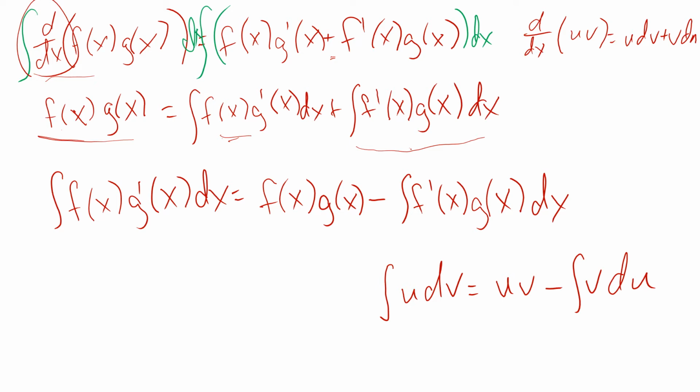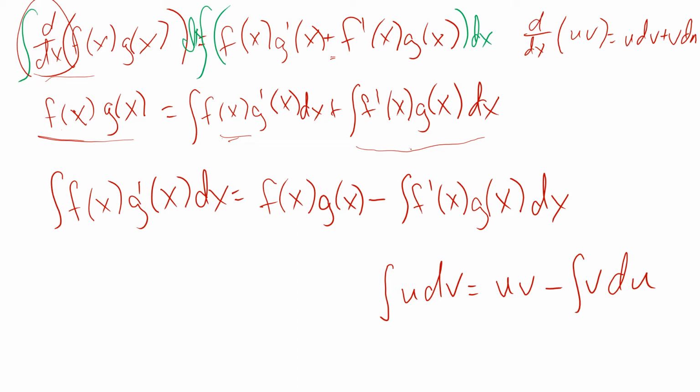The trick to integration by parts is your selection of u and dv. U should be something that when you take the derivative, it's going to get smaller. dv should be something that's easily integratable, and when you take the antiderivative, it doesn't get bigger.